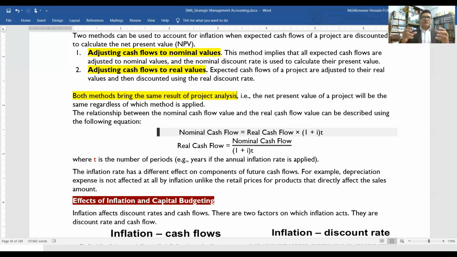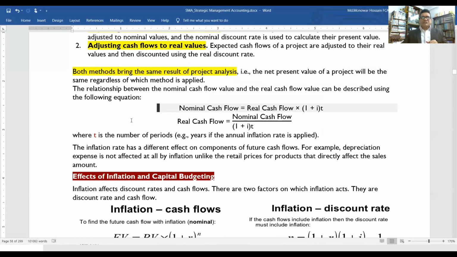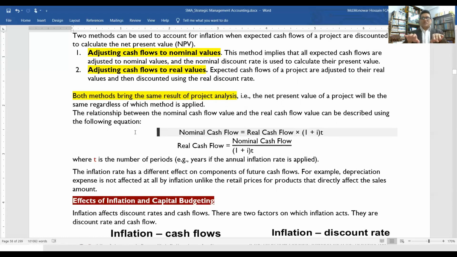That means if we use adjusting cash flows to nominal values, or adjusting cash flows to real values, the result would be the same. The relationship between the nominal cash flow value and the real cash flow value can be described using the following equation.